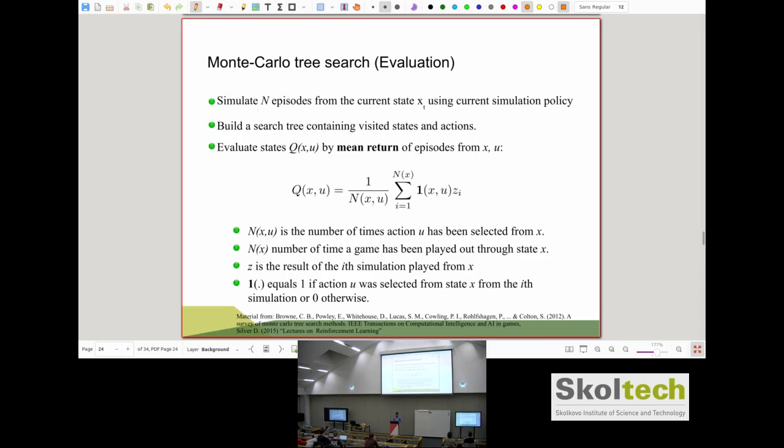Okay, let's see a little bit more examples. We simulate an episode from the current state. We are going to build a search tree containing the visited state-actions. I'm not going to go into much detail, but you can think about this as the mean return. Here, this function resembles the Q function, but it's just for consistency later, because you had to implement this in problem set 4, but it's no longer there.